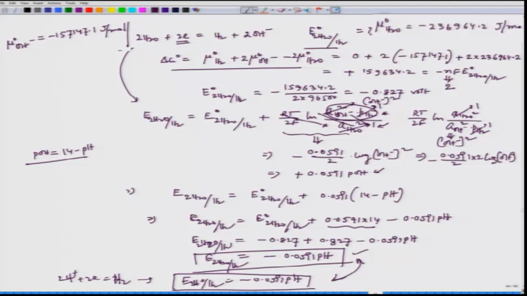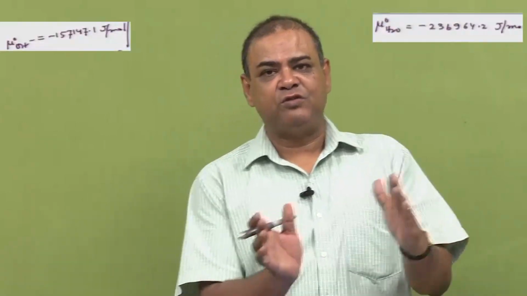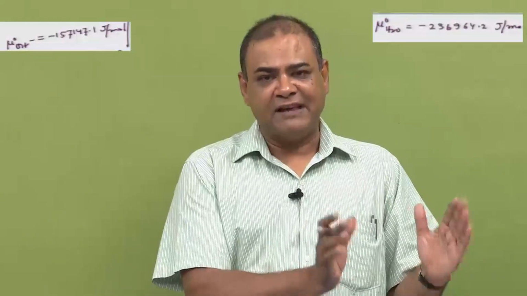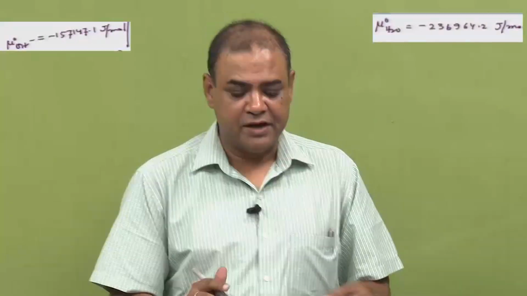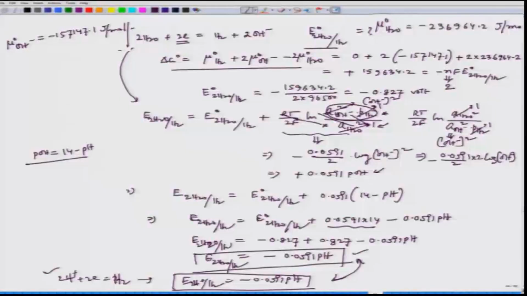So it means that this reaction and this reaction will also fall on the same line with the same slope, but one equation would be valid in case of acidic medium, another equation would be valid for basic medium. This would be basic or neutral, valid when pH is greater than or equal to 7, and this would be valid when pH is less than 7.